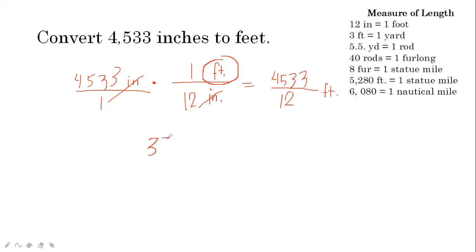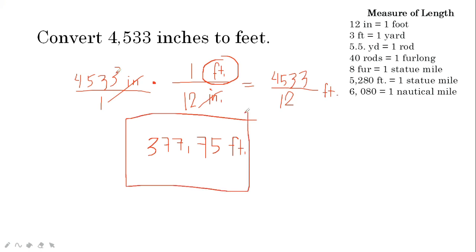So 377.75, and the unit we will use is feet because we already converted it. So this is your final answer. So therefore, 4,533 inches is 377.75 feet. Okay.